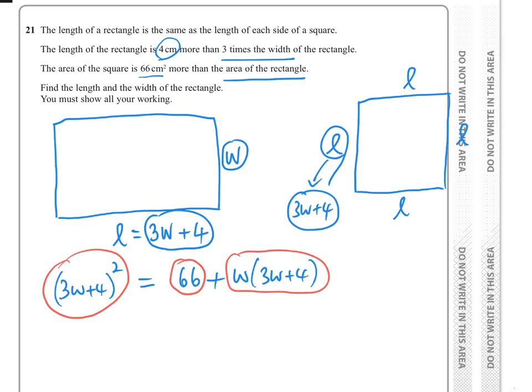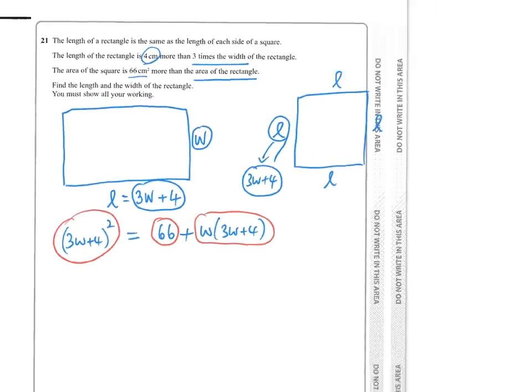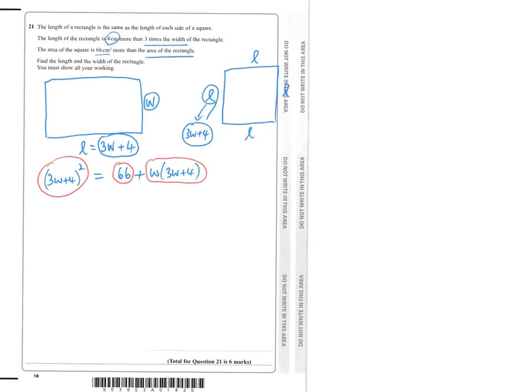So it looks as though we're going to have a quadratic in w, which is more than likely going to factorise, and then we can just work it out from there. So let's have a look at how easy that's going to be. We've got 3w plus 4 all squared is 66 plus w lots of 3w plus 4.